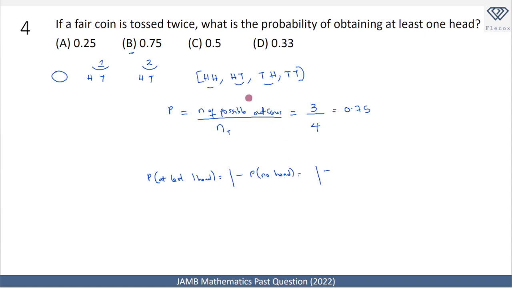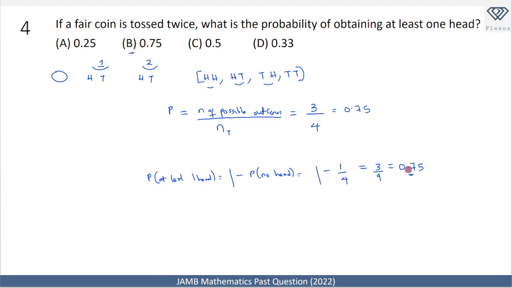The only scenario where we have no head is if you have tail, tail, and that is 1 over the total number of outcomes, which is 4. 1 minus 1 over 4 is also 3 over 4, which is 0.75. So as you can see, we arrived at the same answer. Whatever approach you take works, but the basic thing is to understand the concept. So the correct option again is B.